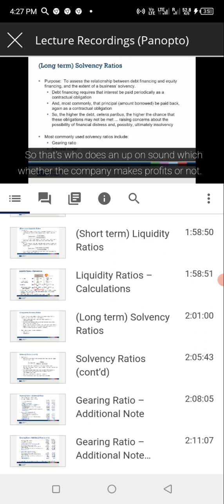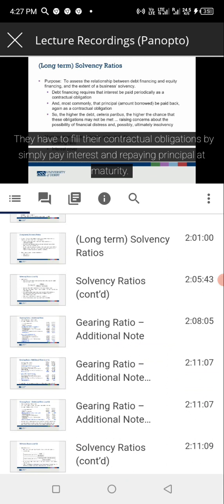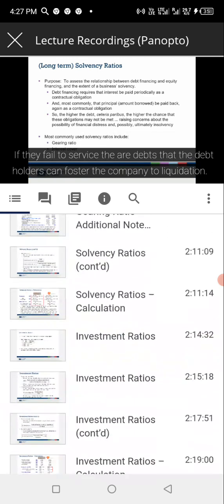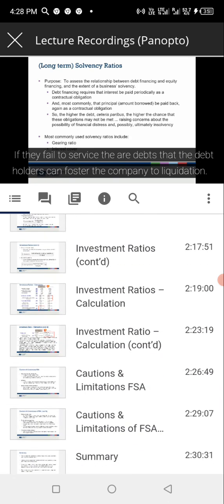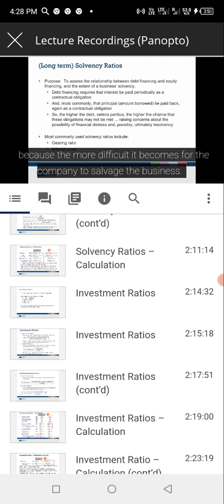So debt holders are not concerned with whether the company makes profit or not. They have to fulfill their contractual obligations by paying interest and repaying principal at maturity. If they fail to service their debt, then the debt holders can force the company into liquidation. Therefore, the higher the level of debt, the closer the company is to bankruptcy, because the more difficult it becomes for the company to service the debt.